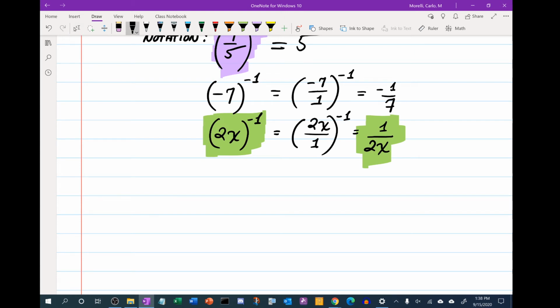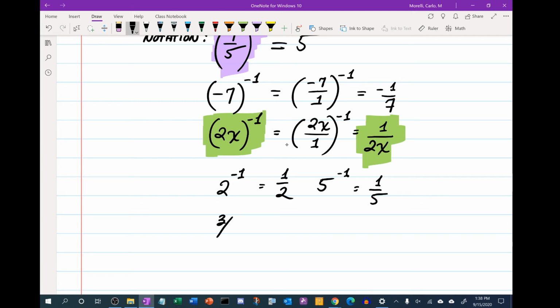Let me write that another way. 2 raised to the power of negative 1 is equal to 1 over 2. Five raised to the power of negative 1 is equal to 1 over 5.